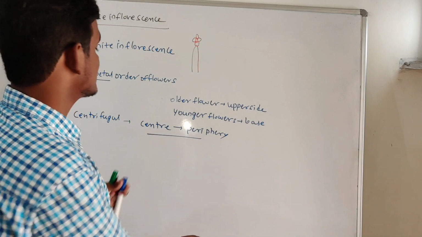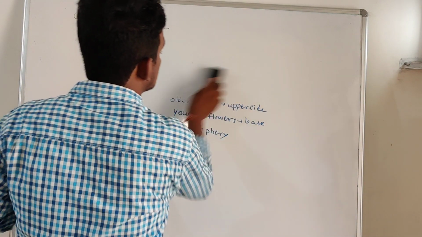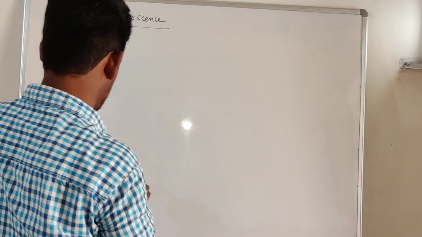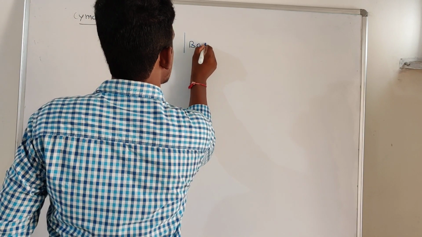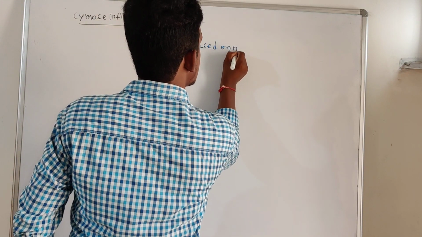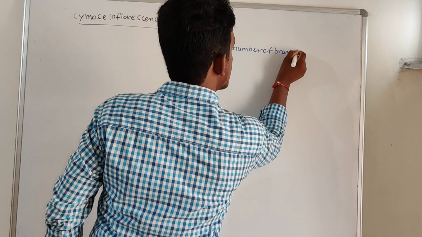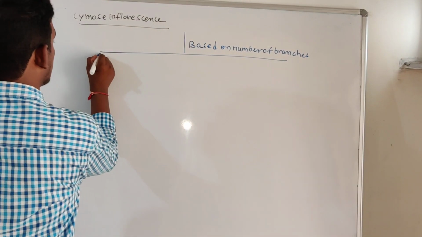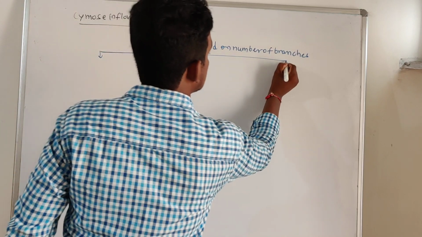Next we will discuss the various types of cymose inflorescences. Based on the number of branches, they are classified into three types.